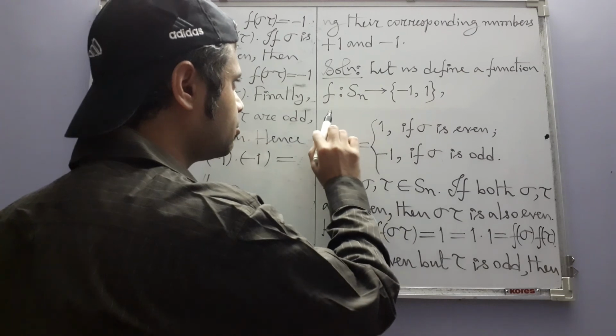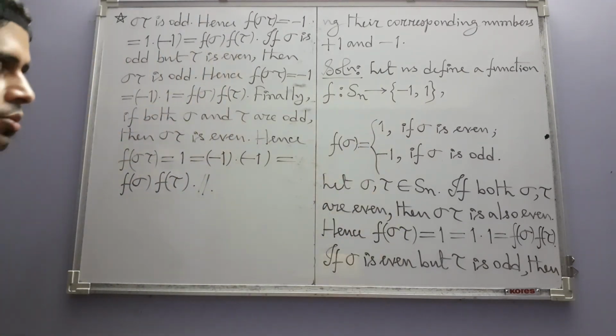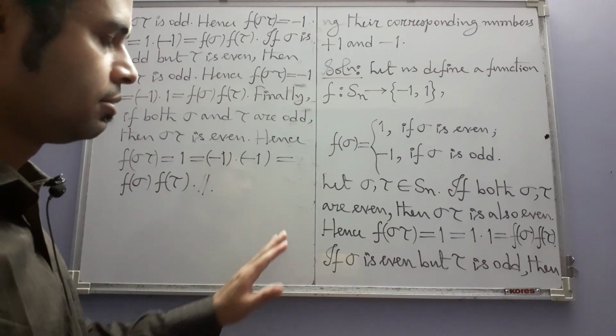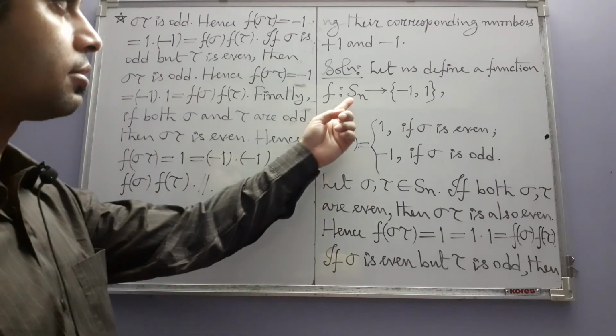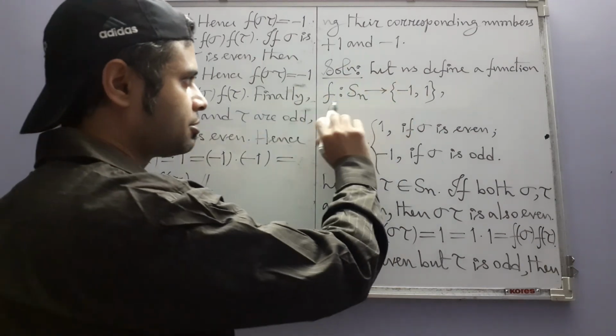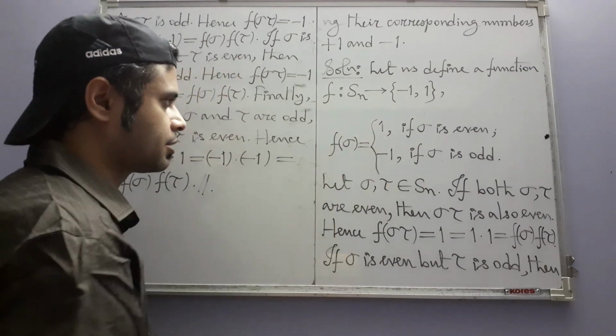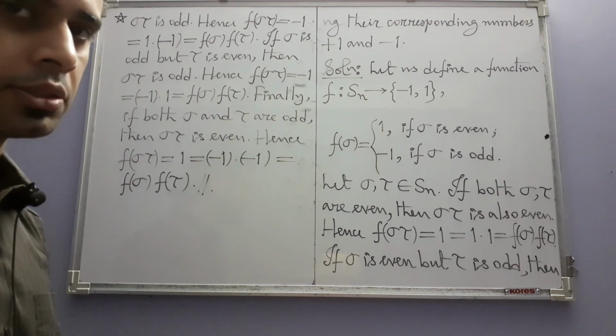And between these two groups we have a function like this, which somehow relates the elements of the two sets in this fashion, but more than that it relates the two binary operations.